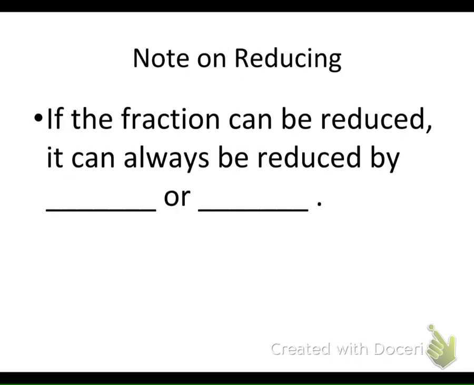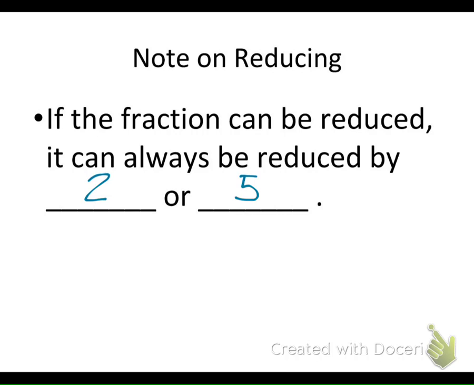Example 3. Note on reducing: if the fractions can be reduced, it can always be reduced by 1. That's not really reducing, because if we do 5 divided by 1, it's 5. What about on there? It's going to be 2 or 5. Good job.